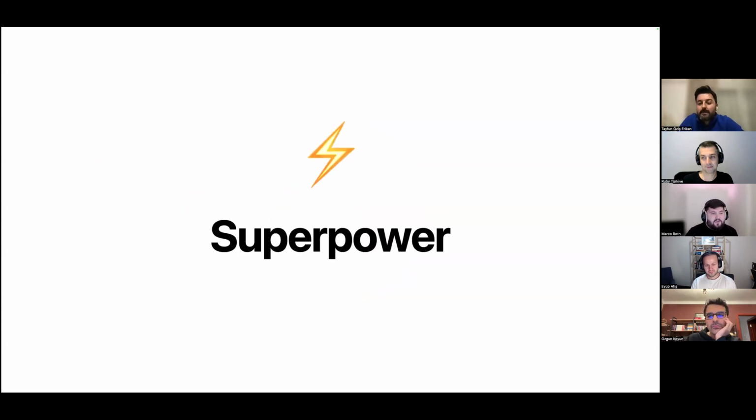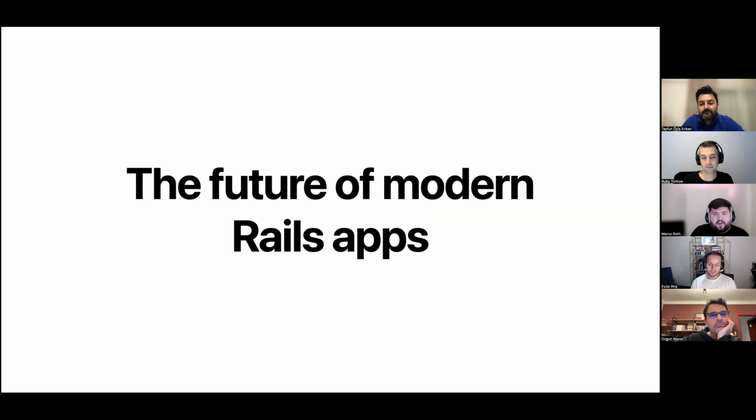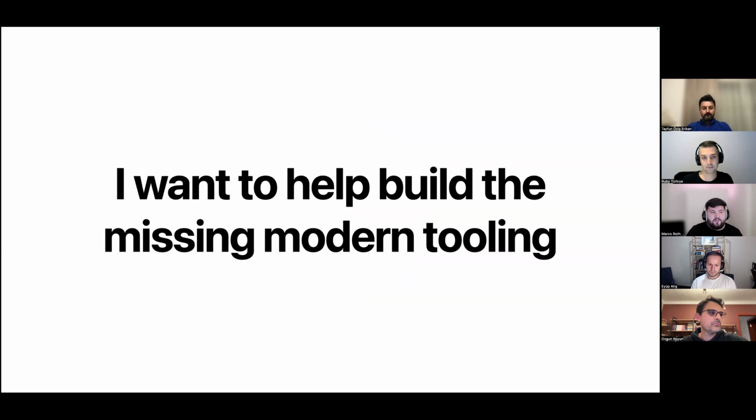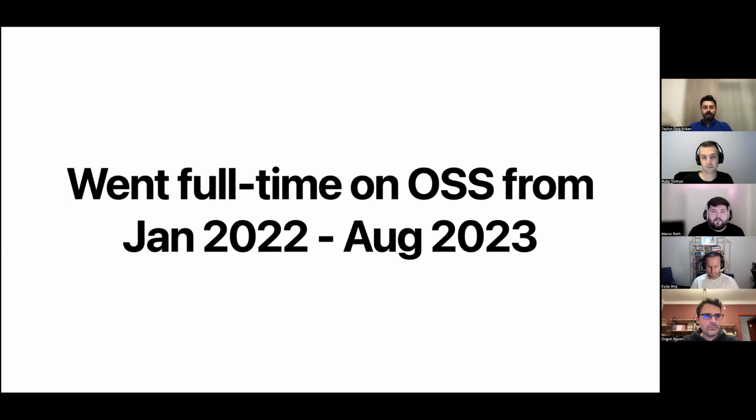It feels like it gives me a superpower to build these apps however I want them built. But I also think they are the future of modern Rails apps. I wanted to go back to building these full stack apps because it's so much more productive. But I also started to miss the modern tooling that I was used to from the React and JavaScript ecosystem. And that's why I wanted to go full-time on open source for a few years, to build out some of these tools.